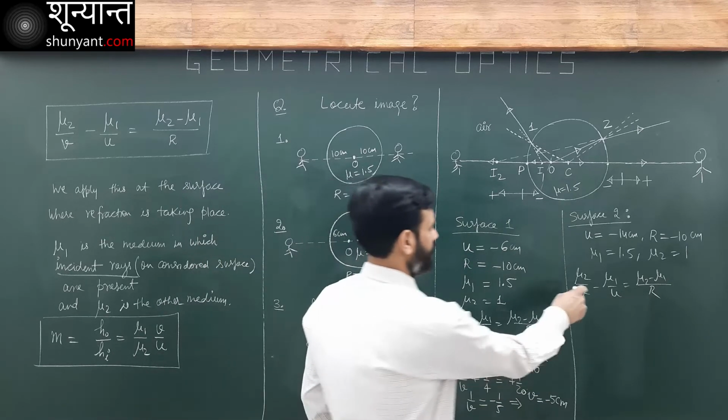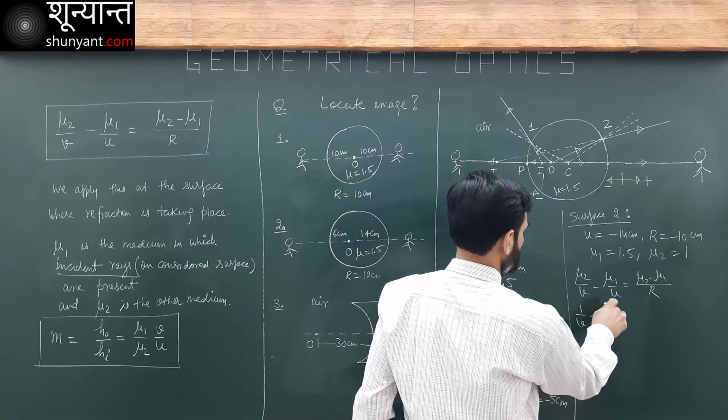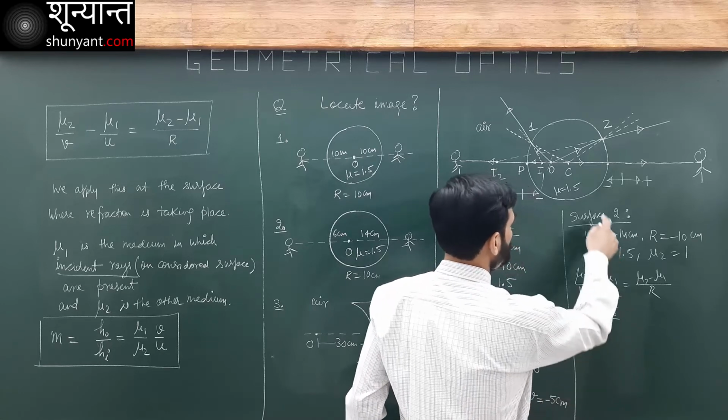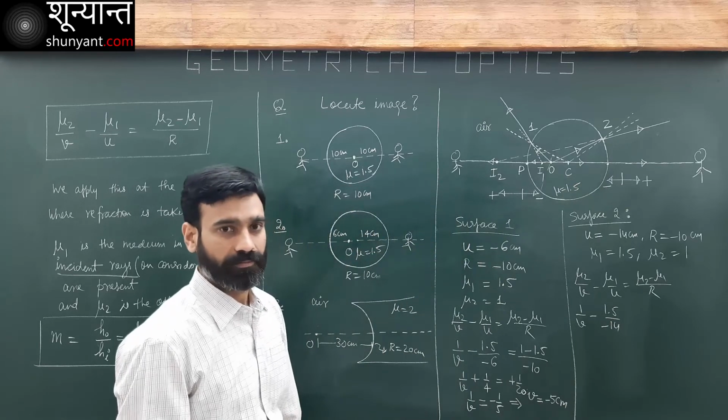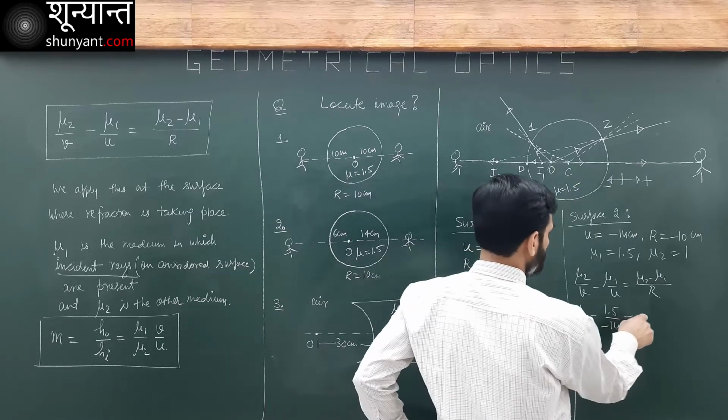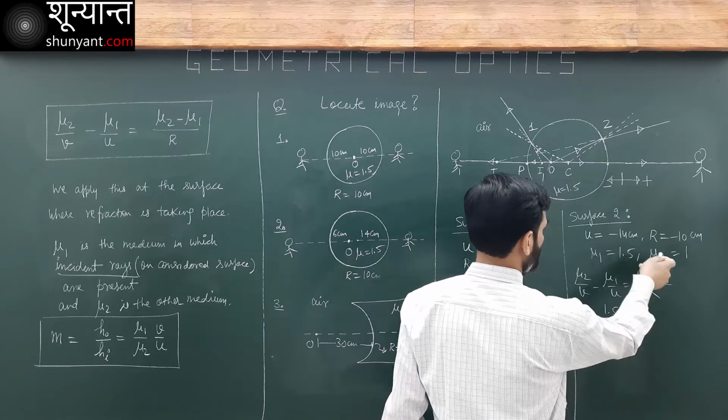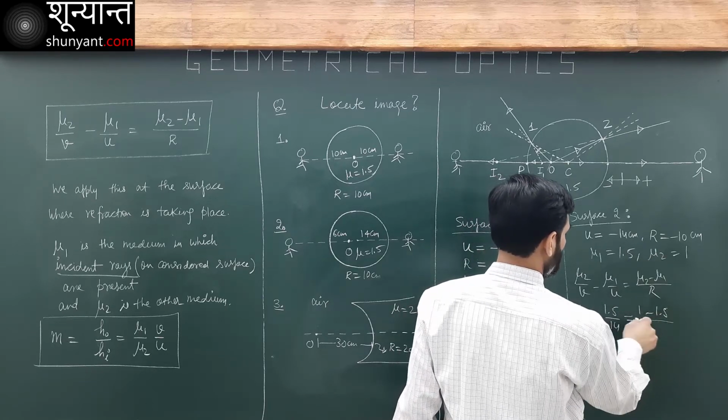So 1 over V minus 1.5 over minus 14 is, mu2 is 1, so 1 minus 1.5 over minus 10.